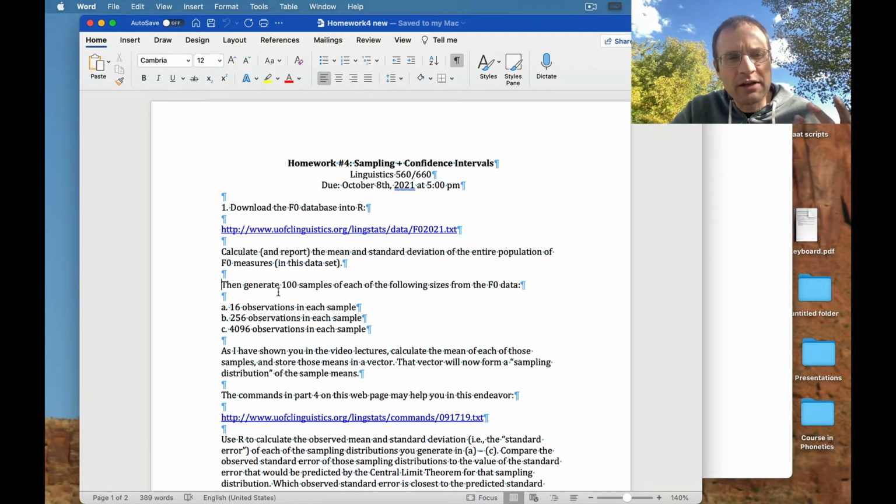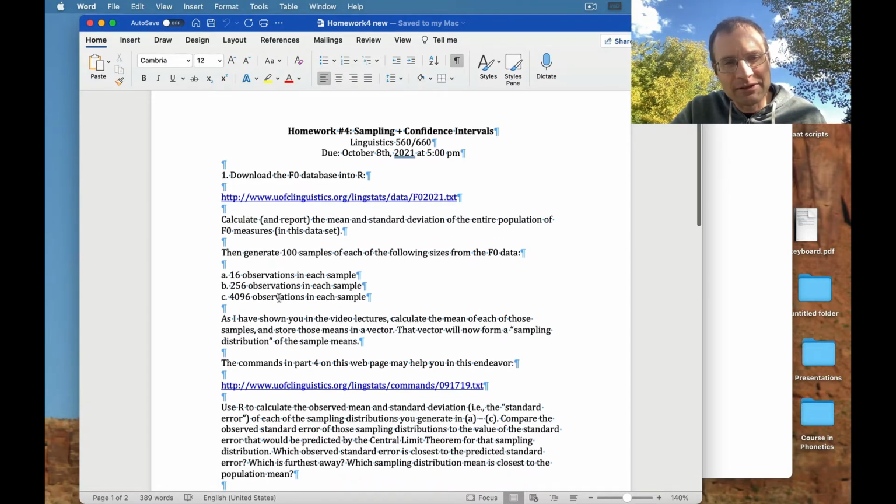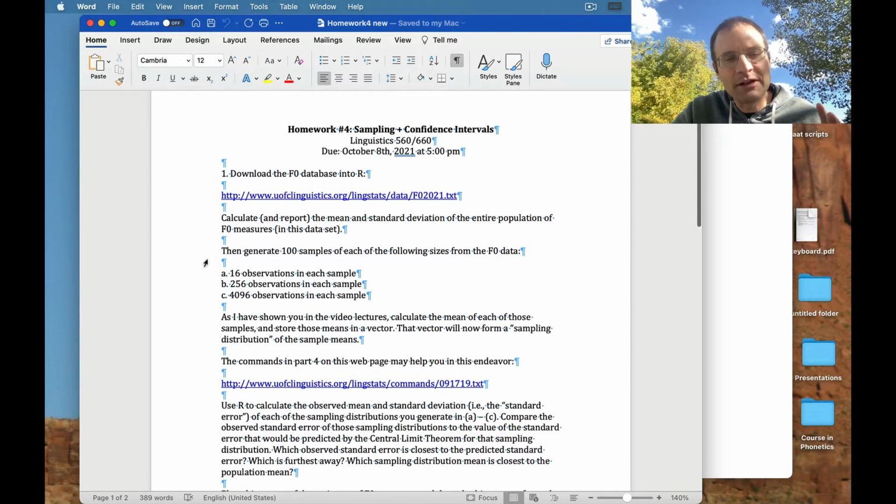And then I want you to generate different sampling distributions. There's going to be 3 different sampling distributions that you'll create. Each one is going to have 100 samples, and then you're going to have a different number of observations in the samples for each of the 3 different distributions. For the first one, you just take 16 observations in each sample.